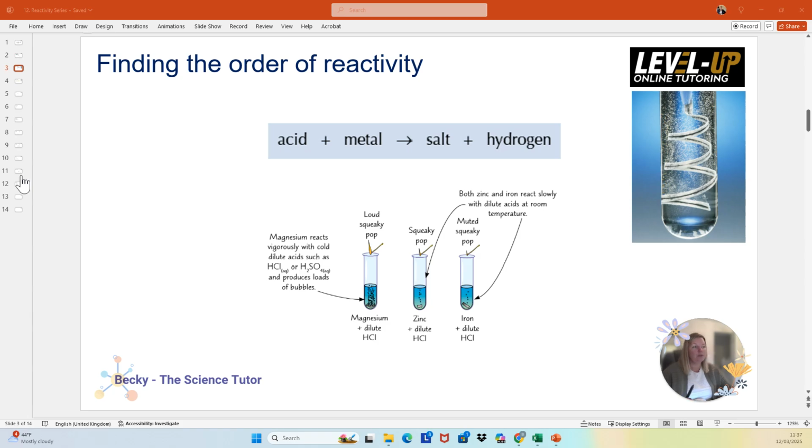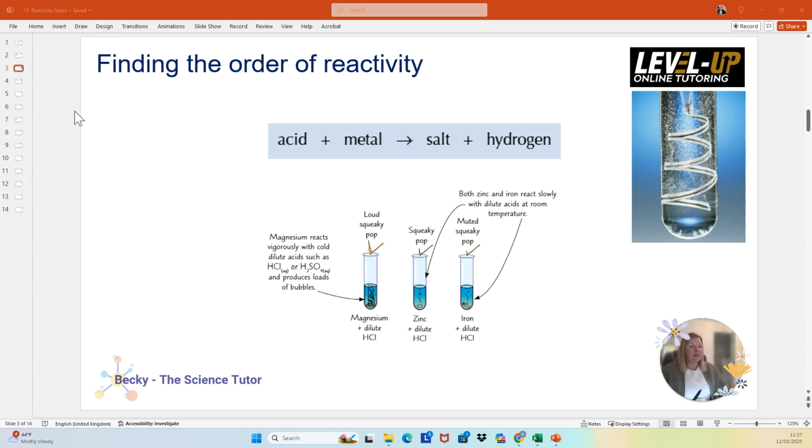How do you test for hydrogen? We use the squeaky pop test. Now it could be that you test the hydrogen being produced, and there you can see we've got a loud squeaky pop, a squeaky pop, and a muted squeaky pop. But it's all other bits of evidence that would help you to order their reactivity.